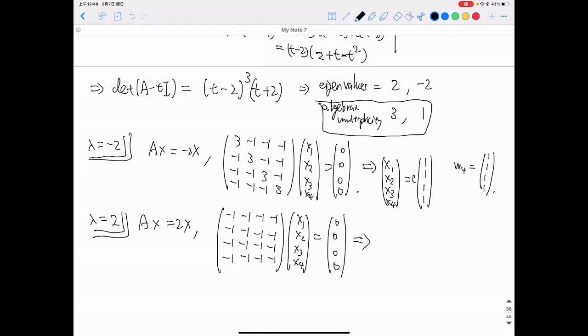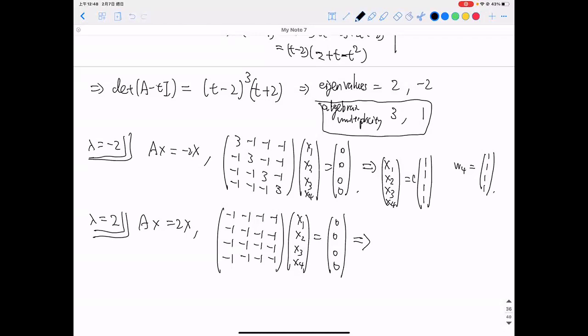The equation is the sum of the 4 variables equal to 0. That basically means you have 3 free variables and 1 dependent variable.